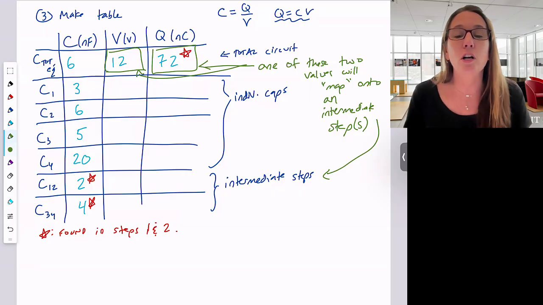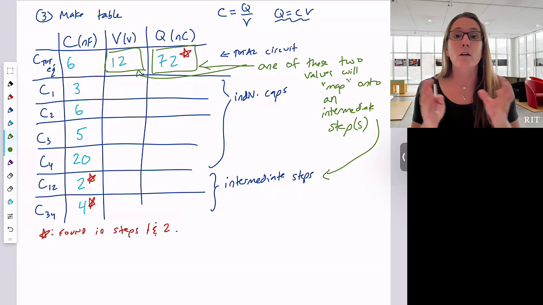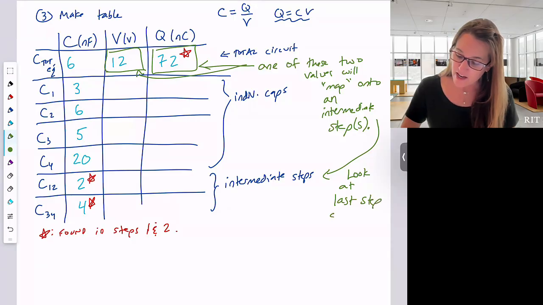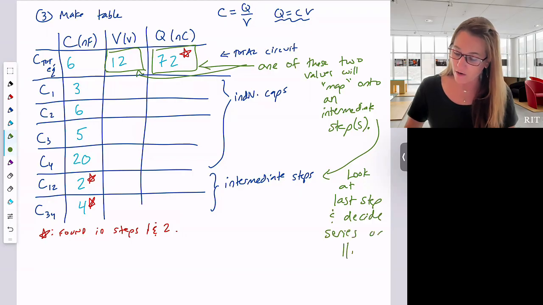We have to look at where the circuit came from and decide if we're looking at a series or a parallel situation. So to figure out which one, look at the last step and see whether it is series or parallel.